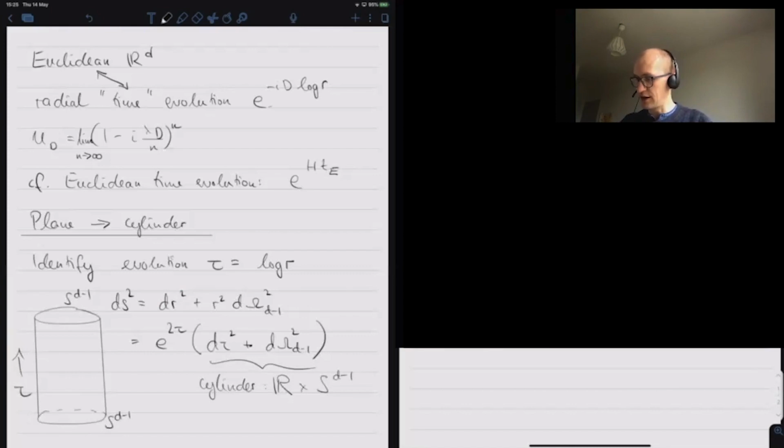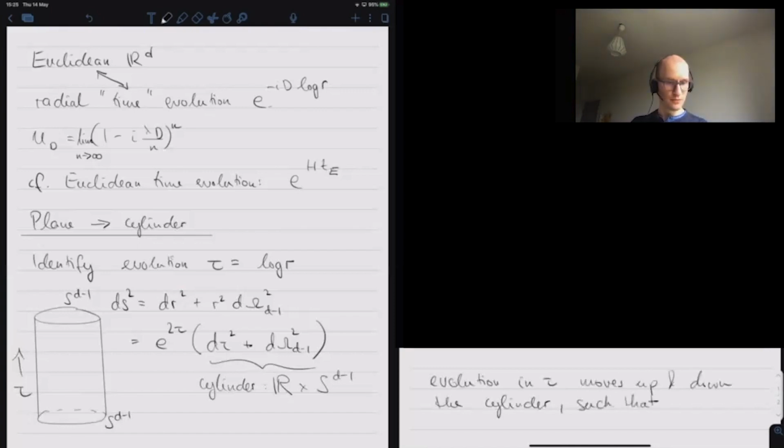And now what does this time tau actually do? Well, the evolution in tau moves up and down that cylinder. If tau goes to minus infinity, I'm in the infinite past of the cylinder.